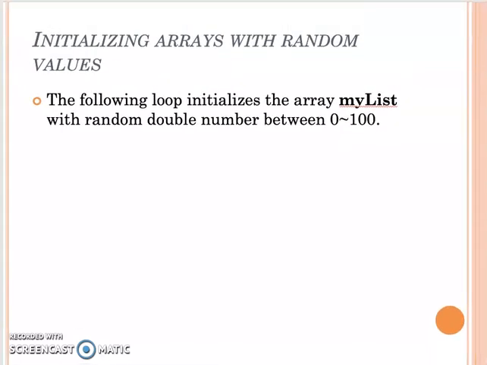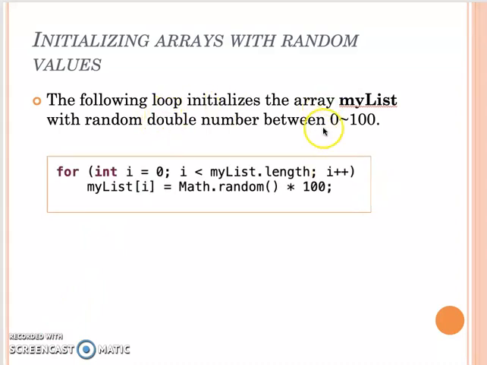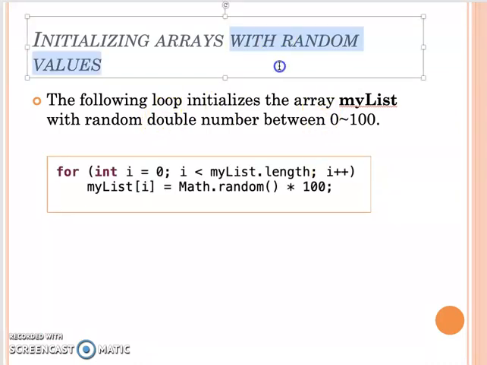Now let me insert the for loop. Similar to earlier, but since we only want random numbers, we don't need the user input, so we don't need a scanner object. We still need the for loop starting from i equal to 0, i less than the length. Then for each element, we just call Math.random.